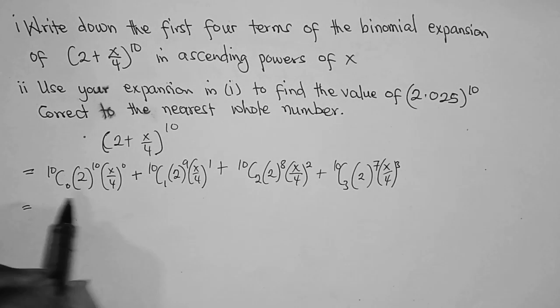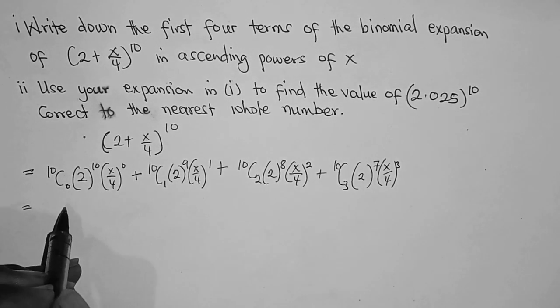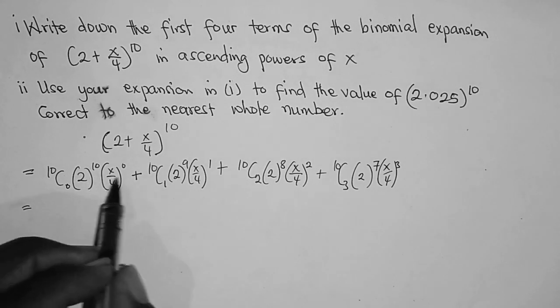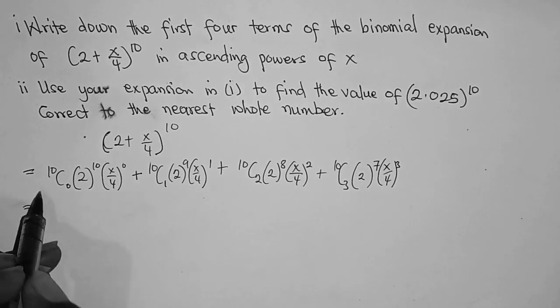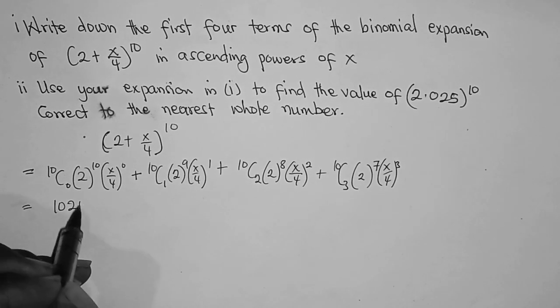So 10 combination 0 times 2 exponent 10, x over 4 exponent 0 is 1. So if you compute that, you get 1024.